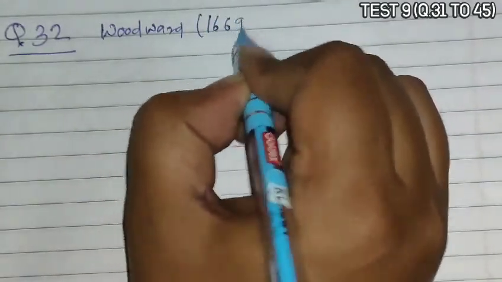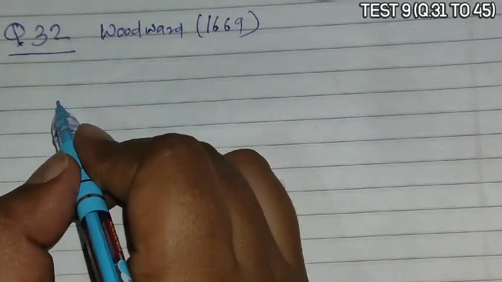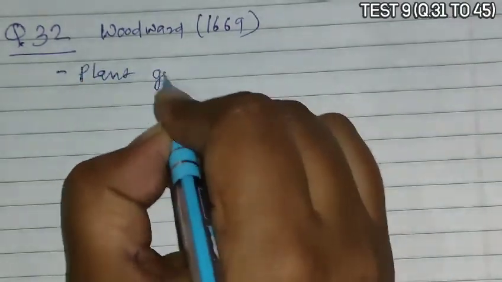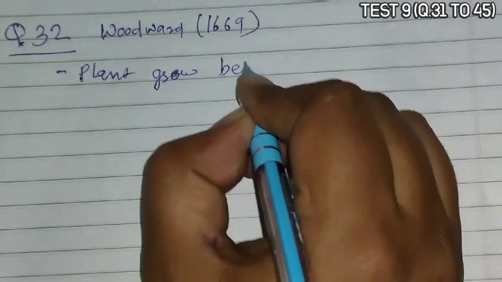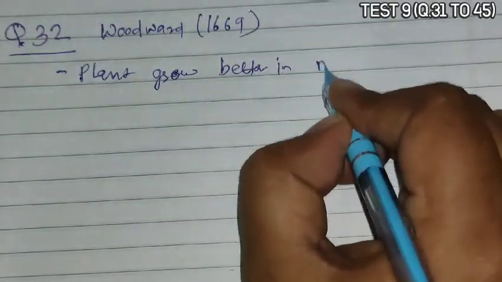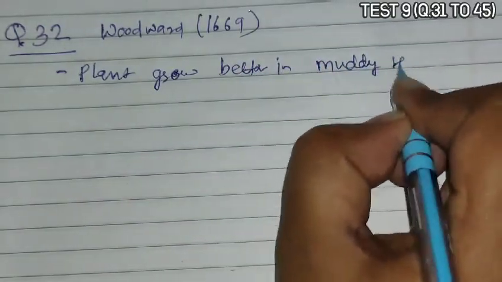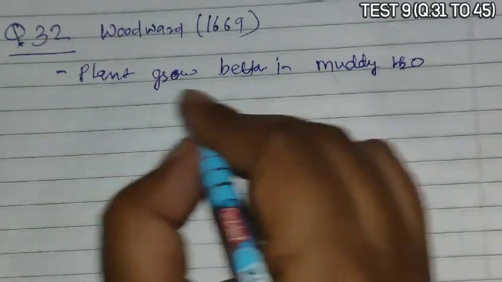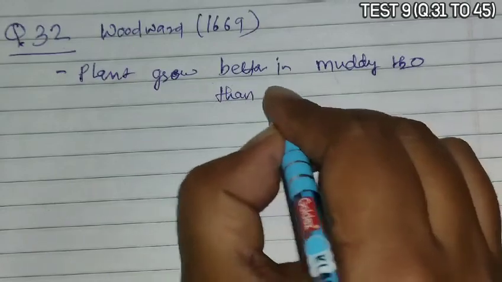Next is question 32. Question 32 asks that Woodward in 1699 observed that plants grew better in muddy water than in rainwater.